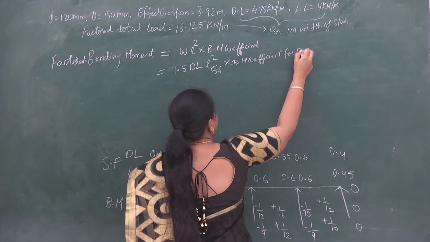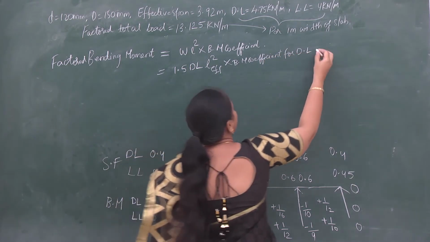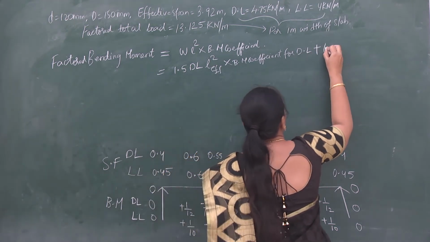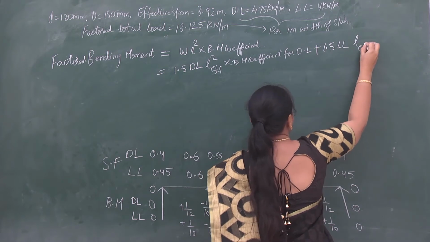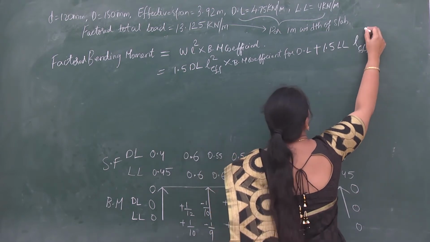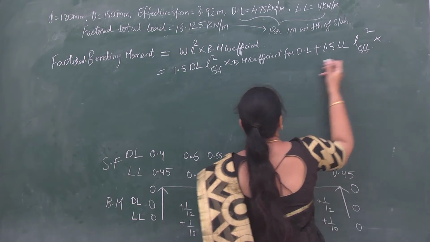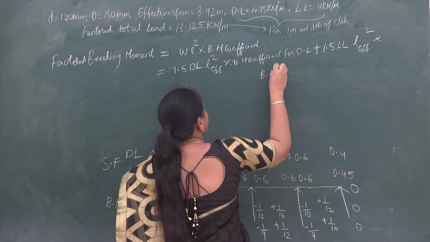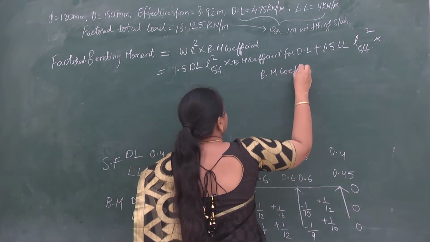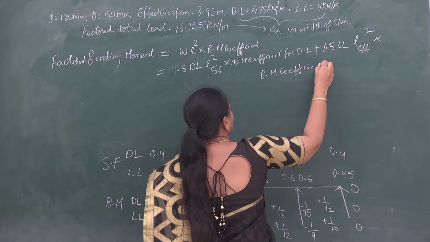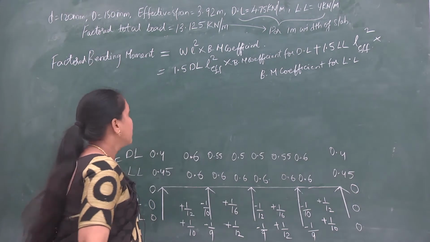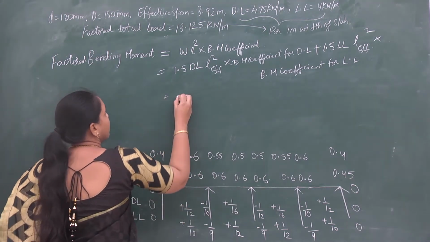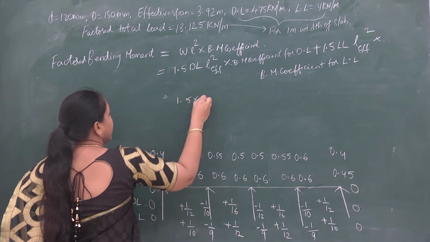Plus 1.5 into live load into L effective square into the bending moment coefficient for live load. So 1.5 into dead load.